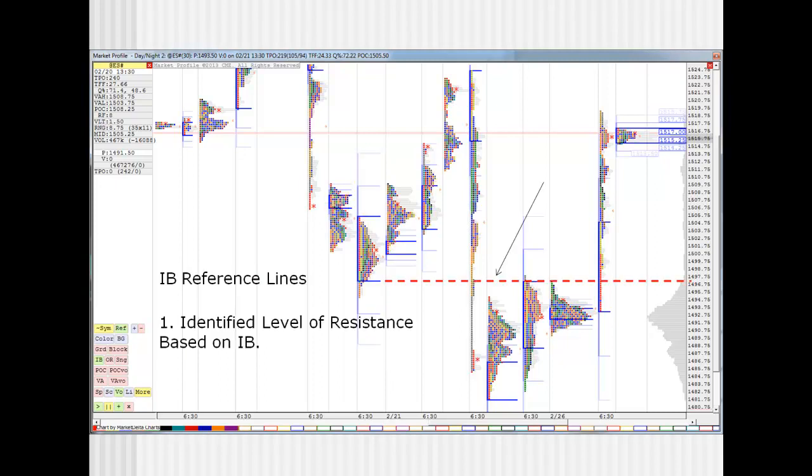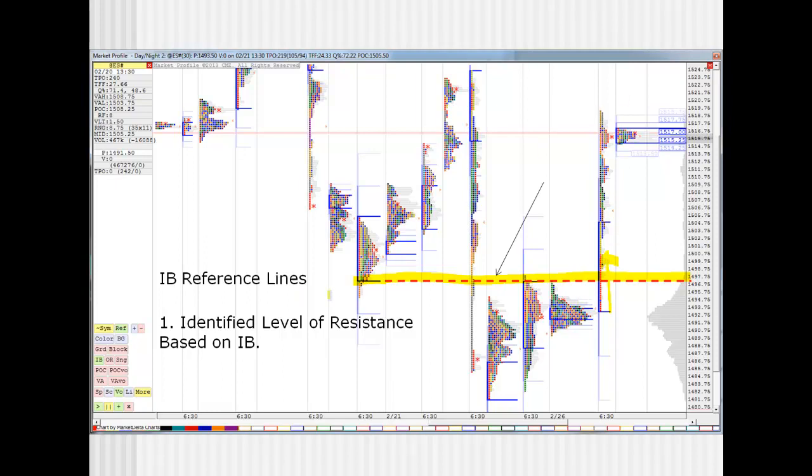All right. Now, notice here how this initial balance low of this particular day ended up identifying for us a key level of resistance on the chart for 1, 2, 3 different sessions. And it wasn't until we were able to penetrate through this resistance level that we could take prices higher.